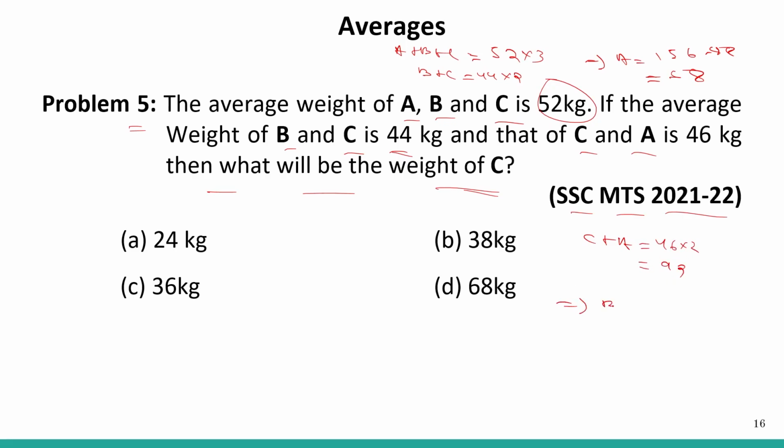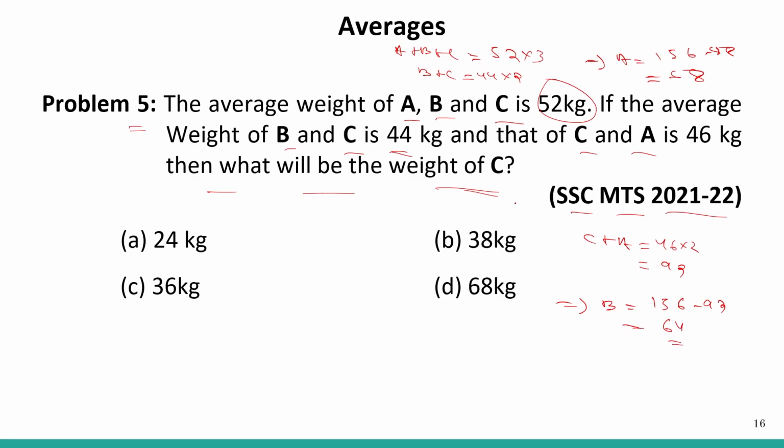So this implies that B is equal to 156 minus 92, so it will be 64. So 64 will be B.